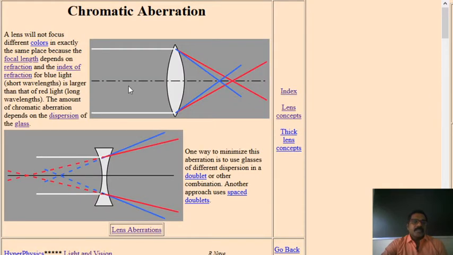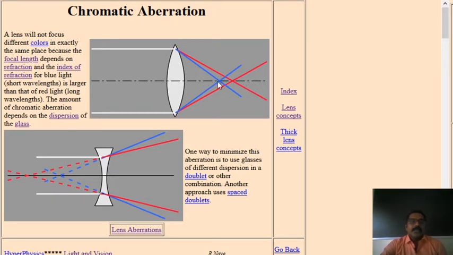Chromatic aberrations. What is chromatic aberration? A lens will not focus different colors in exactly the same place. Here it is a lens, white light passes through the lens, then the light is dispersed into 7 colors, but these colors do not focus at the same place. Here red color is far from the lens, and violet is refracted more, so it is nearer to the lens.